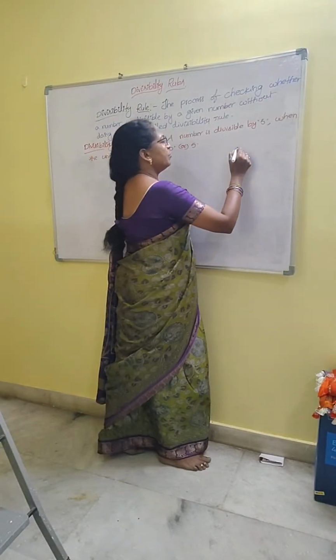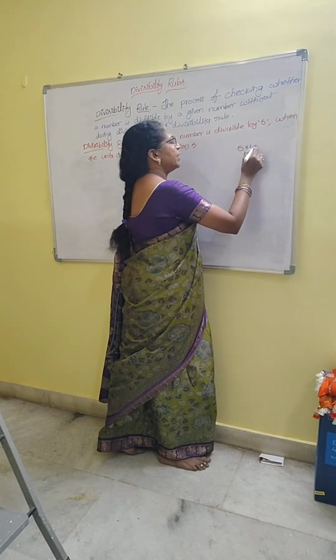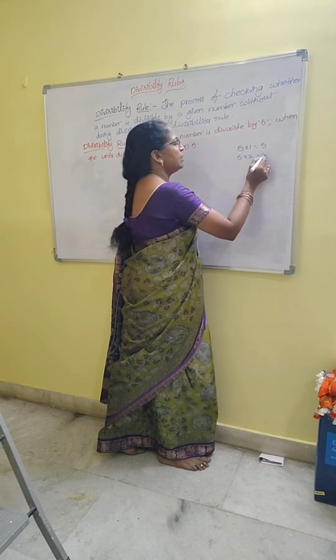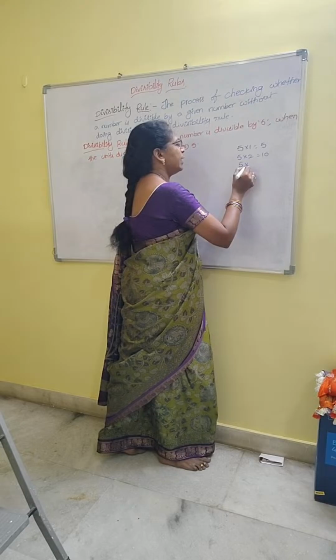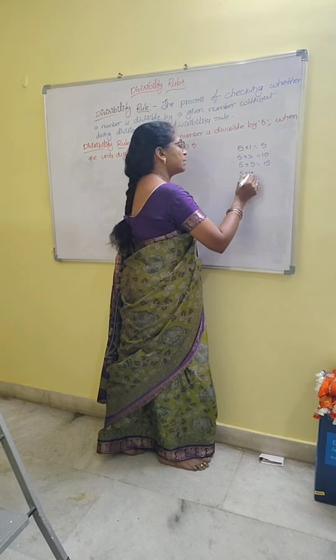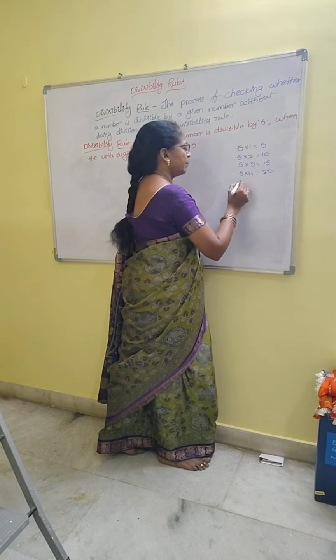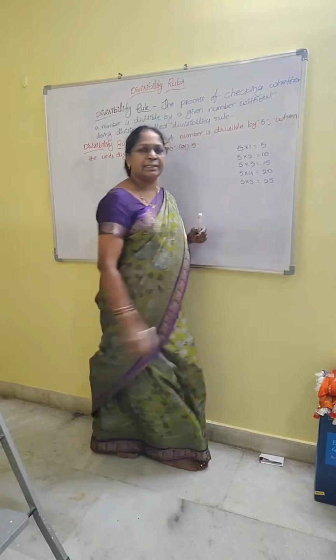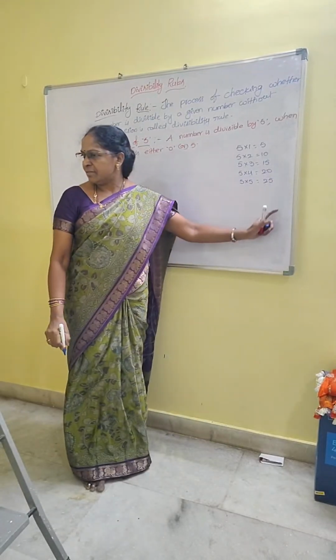See here, 5 ones are 5. Just observe here, 5 twos are 10, 5 threes are 15, 5 fours are 20, 5 fives are 25, like this. This is the fifth table.